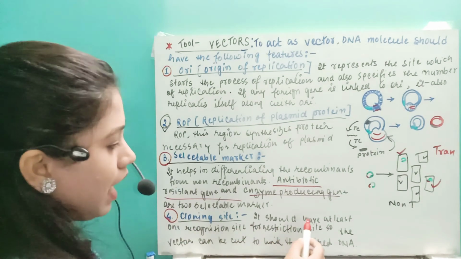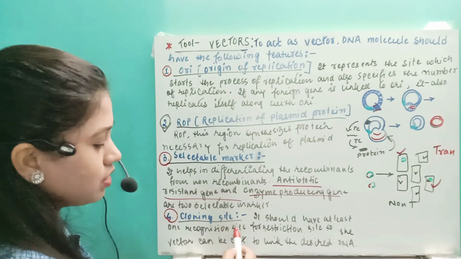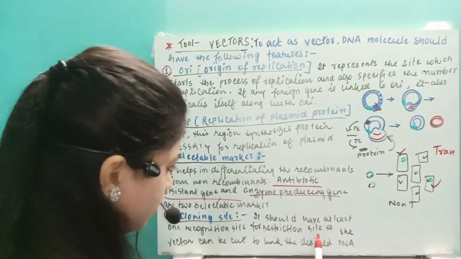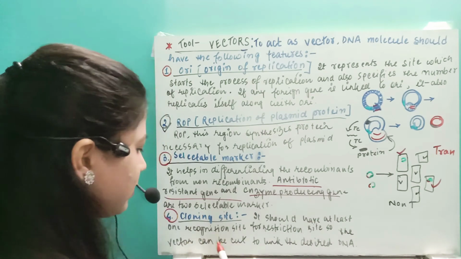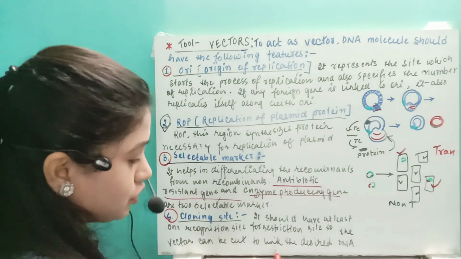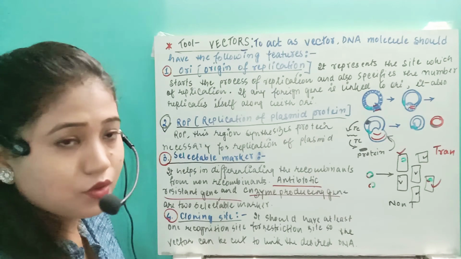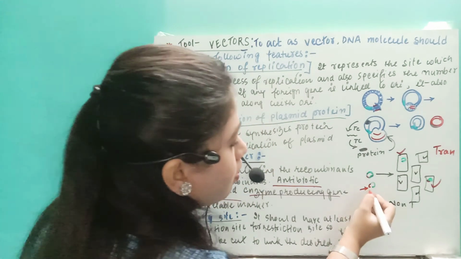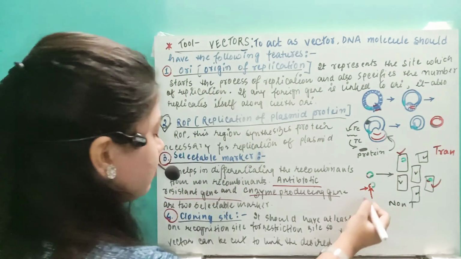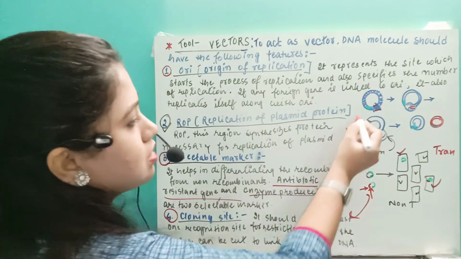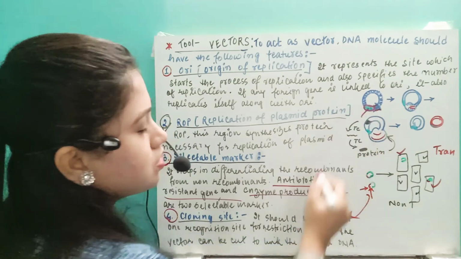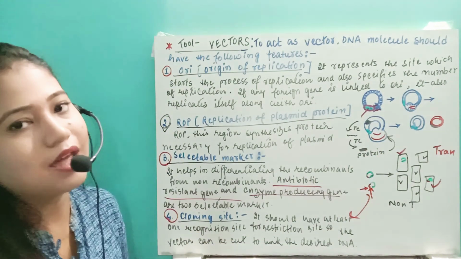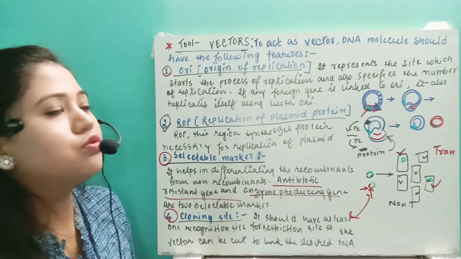It should have at least one recognition site for the restriction enzyme, so that the vector can be cut to link the desired gene, so that we are able to introduce our gene fragment into the host body. That specific site is known as the cloning site. So this is the cloning site where we have inserted our gene fragment. Understand? So a vector must have the cloning site, otherwise there is no use of the vector.